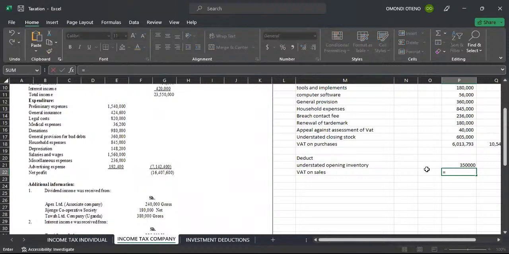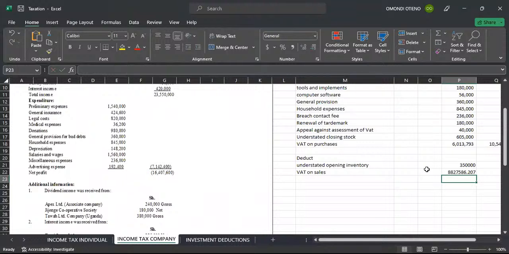We simply take our 16%, we divide by the total value given, which represents 116%, we multiply by 64 million. When we do that we get 275,827,586.